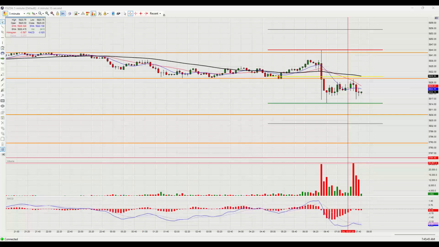I want to try to avoid being tested at a price right here, right? So if I'm making a decision right here, I'm going to be right in the middle of the test in either direction.